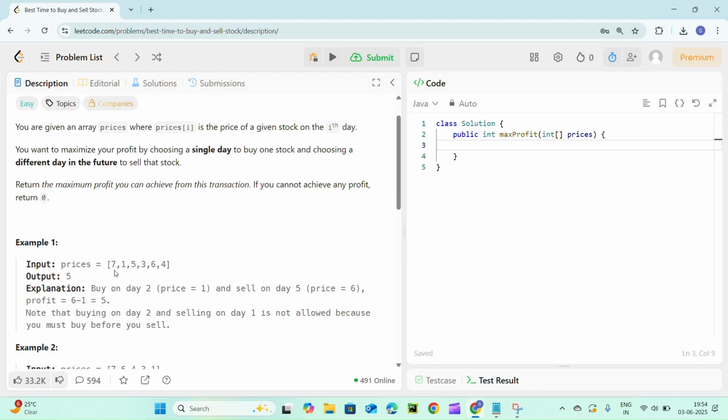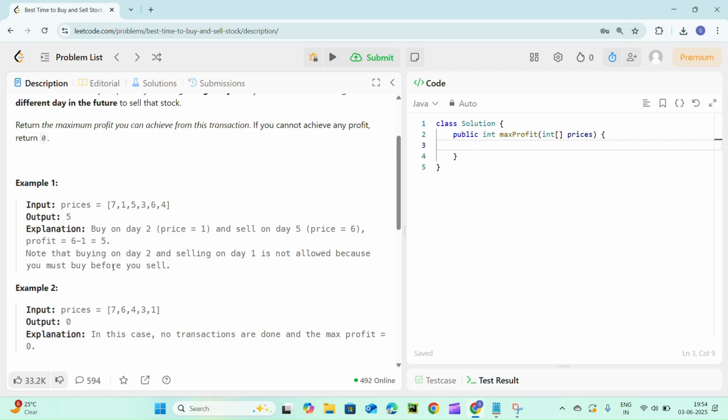Okay, now let's see the problem. Like input, let's say 7 is given. Our concept is to buy and sell the stock for maximum profit. How can we get maximum profit? We need to buy the stock at a lower amount and sell it at a higher amount, so that we get the maximum profit.